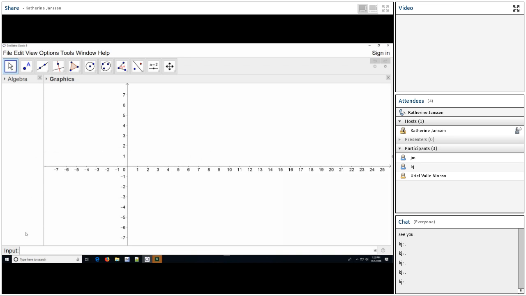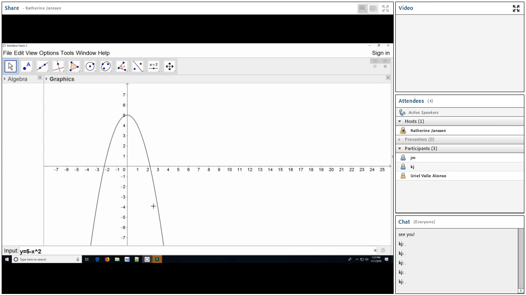So in my input bar, I'm going to type y equals 5 minus x squared. And I get a parabola, is what this curve is called.